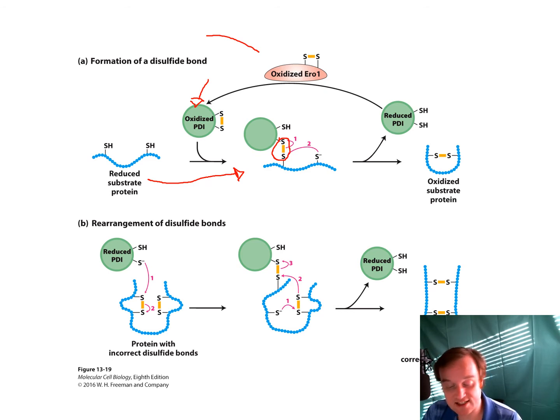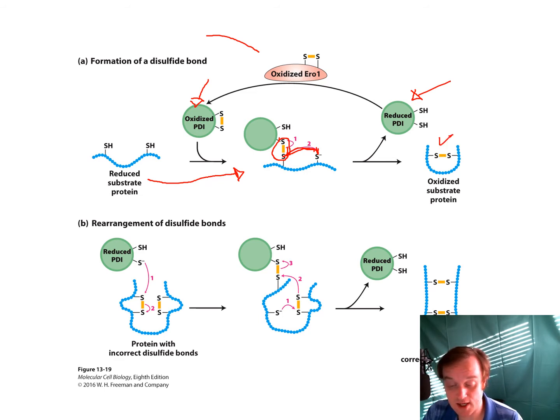And by doing that, this is kind of a temporary holder here, it will remove that electron and then allow this second cysteine to form a connection, a disulfide bridge, between the two cysteines, which is more thermodynamically favorable. And then this PDI will accept the electrons and it will be reduced.